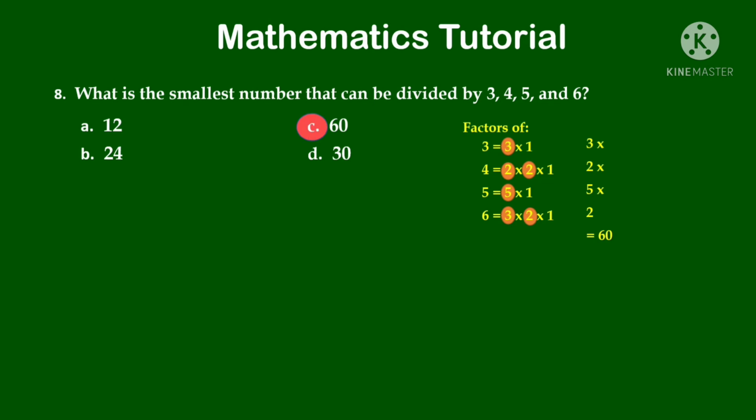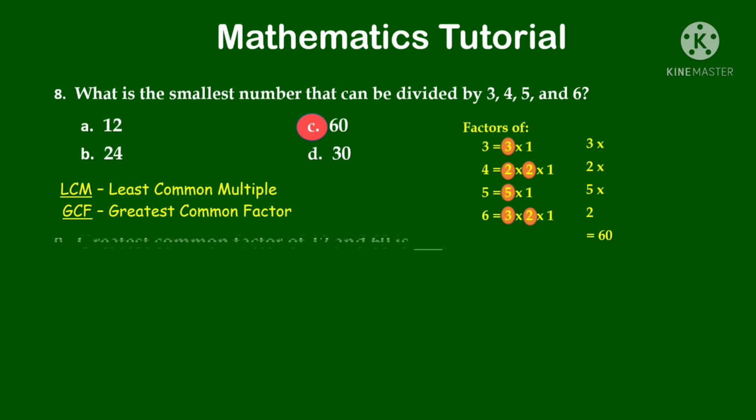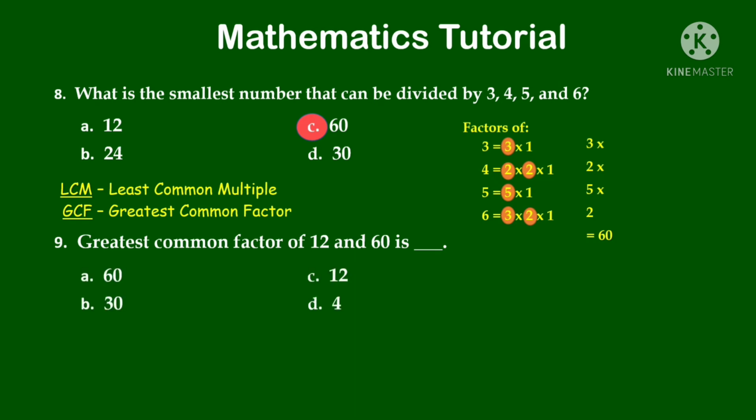The LCM or the least common multiple and the GCF, the greatest common factor. Number 9 question. Greatest common factor of 12 and 60 is A, B, C, D. Okay, the greatest common factor. How to get the greatest common factor for that? Of course, we need to use the prime factorization. Prime factorization of 12 is 2 times 2 times 3. Prime factorization of 60 is 2 times 2 times 3 times 5.